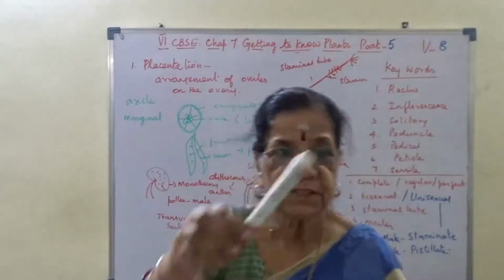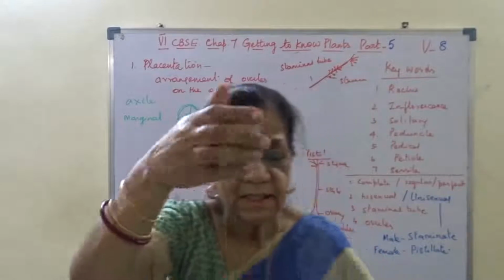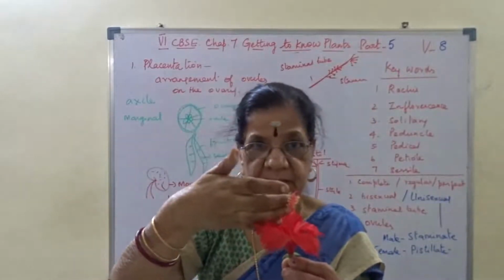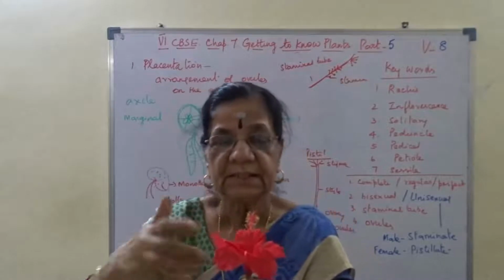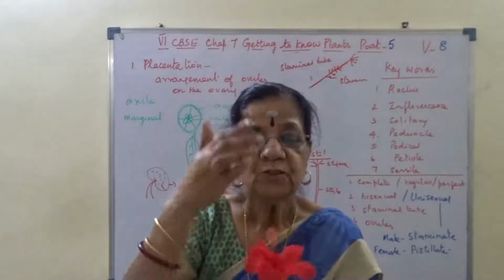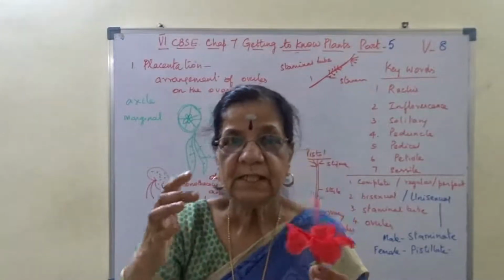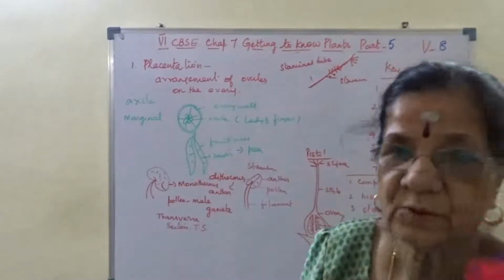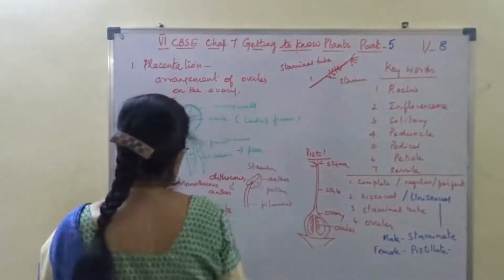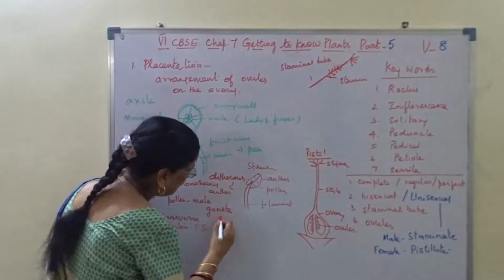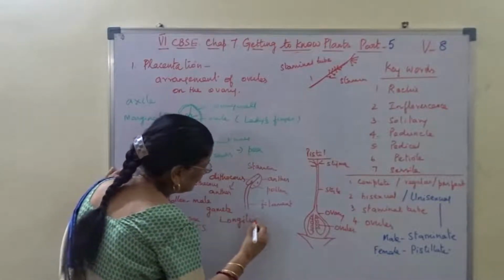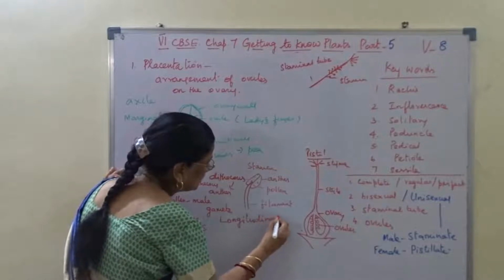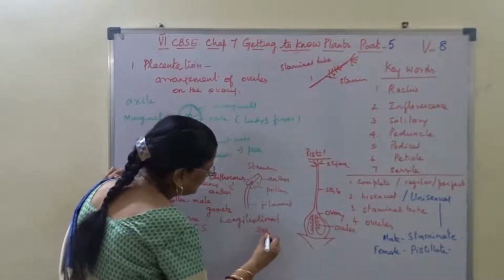Now at the same time, when the flower is cut like this, lengthwise, here it is a regular flower. So when you cut like this, we get 2 equal halves. Okay. So when you cut like this lengthwise, that is called longitudinal section.